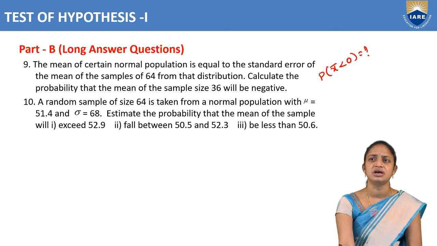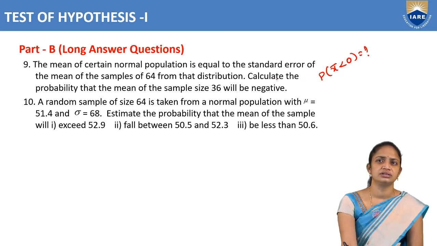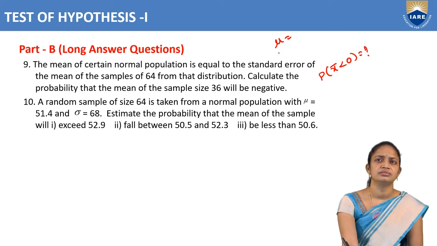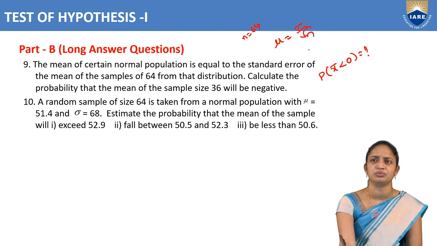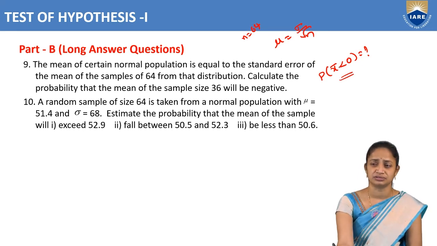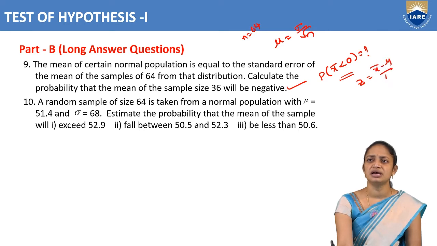So mu equal to the standard error of the mean, that is sigma by root n, and they have given the sample size is 64. From that we can calculate the values, and after that we have to find probability of x bar less than 0, because this will be negative. The formula is x bar minus mu by sigma by root n.